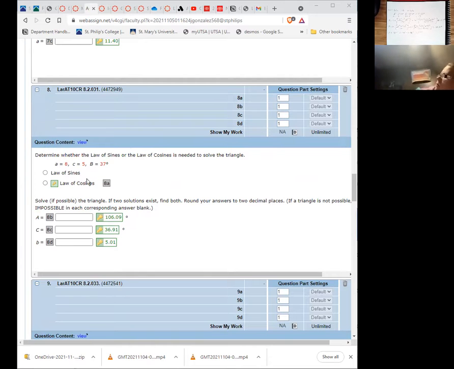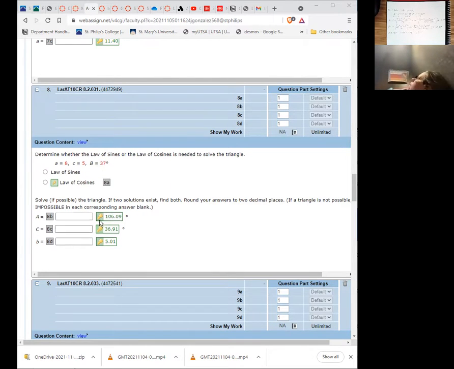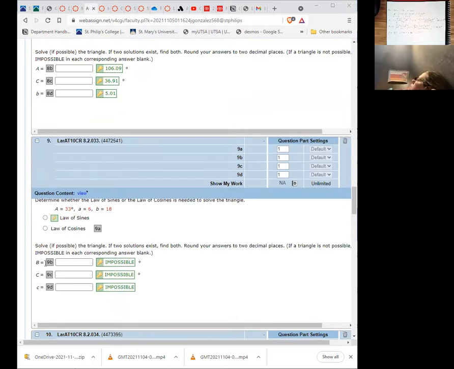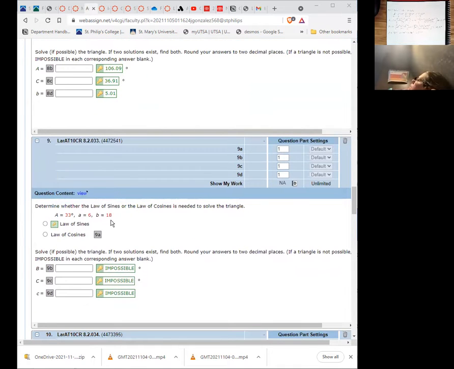We need little b to do it. And over here, law of sines is recommended because we have an opposite side and an angle, right? Although when you try to solve it, you're going to get an error, like we talked about last time. Remember how you get an error on your calculator? That means it's impossible to solve.